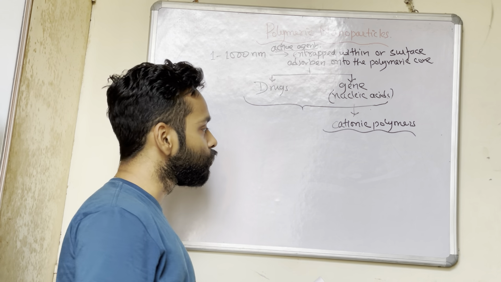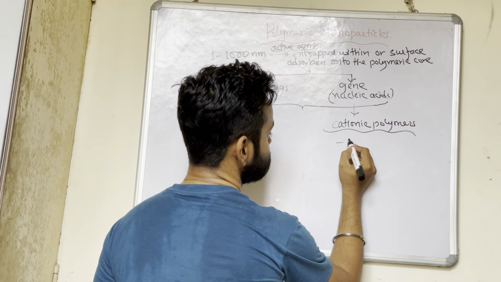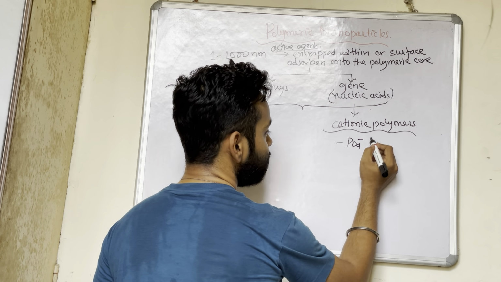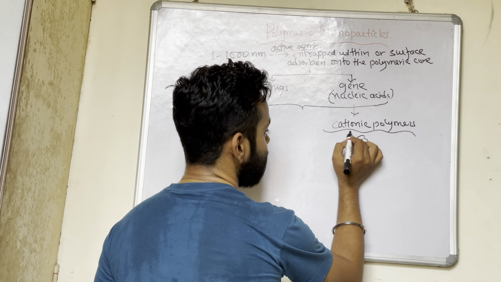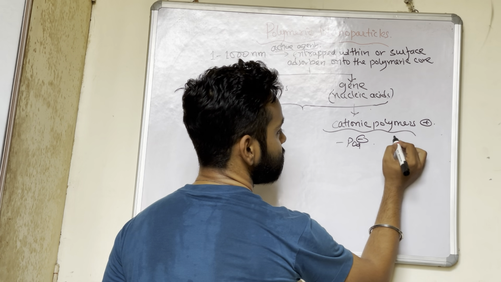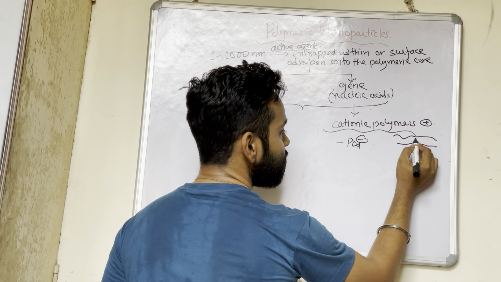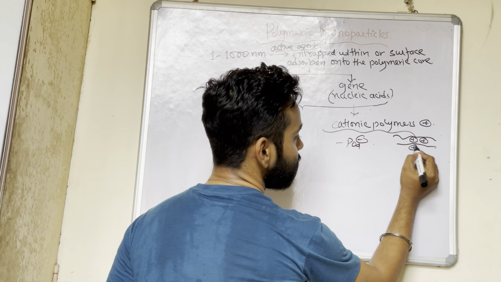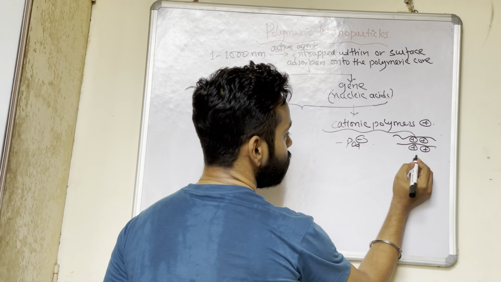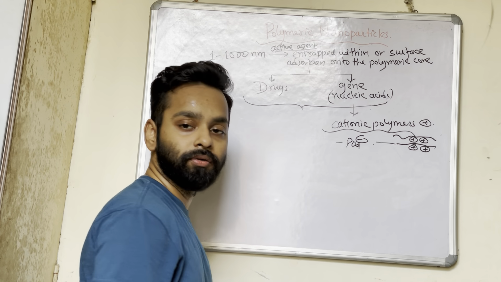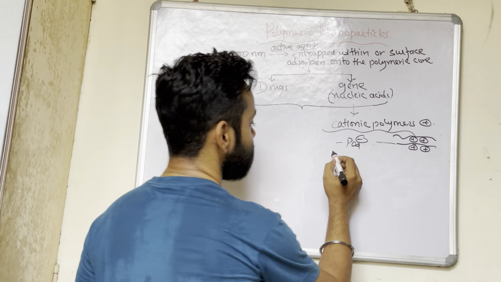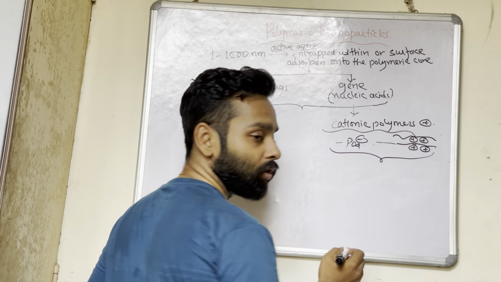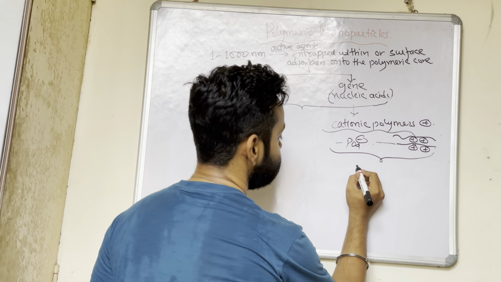The phosphate groups, PO4 minus, have a negative charge, and these cationic polymers will have positive charge. So these positively charged polymeric chains will interact electrostatically with the negatively charged phosphate groups, and this interaction will give rise to a complex which is known as polyplex.